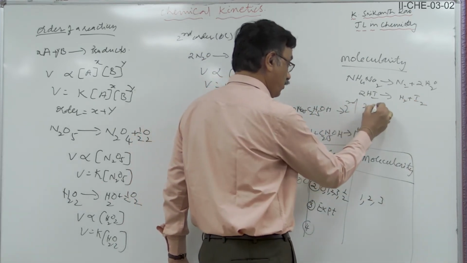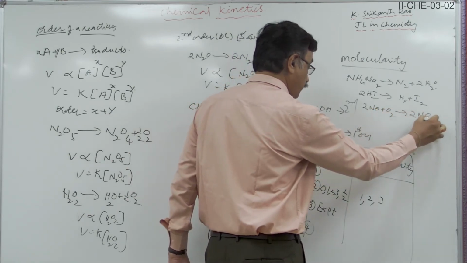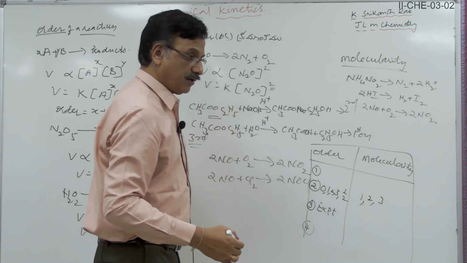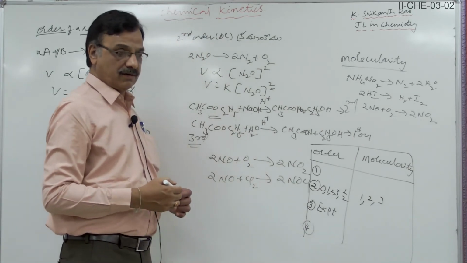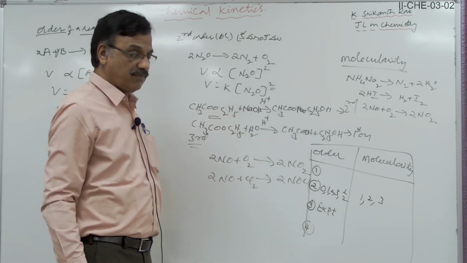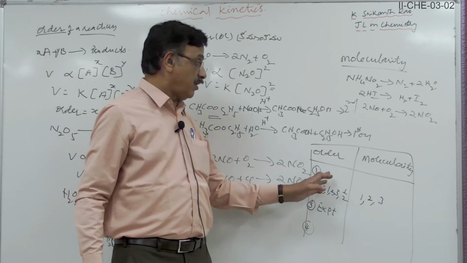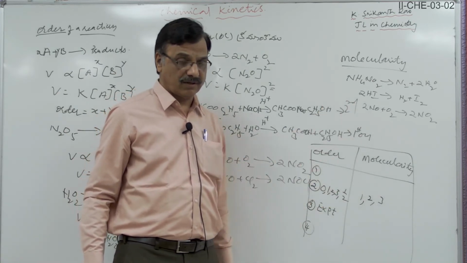Right? 2NO plus O2 giving rise to 2NO2. త్రిక అణుత చర్య. ఈ విధంగా ఈ అణుతకు మనం కొన్ని ఎగ్జాంపుల్స్ ఇవ్వవచ్చు. రైట్? సో డిఫరెన్స్ బిట్వీన్ ఆర్డర్ అండ్ మాలిక్యులారిటీ.